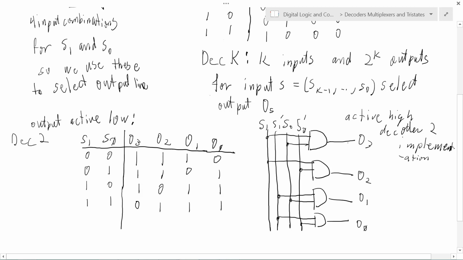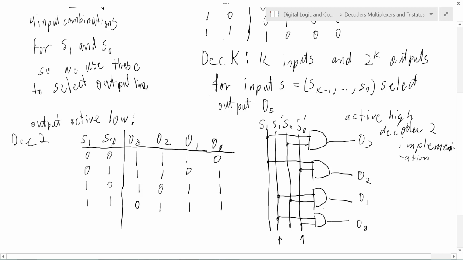You can add inverters for S1 prime and S0 prime if you do not have the inversions of S1 and S0. This depends entirely upon the implementation of the digital logic that you are using.